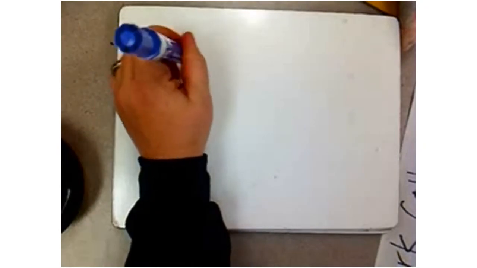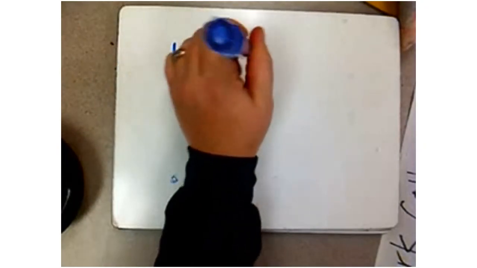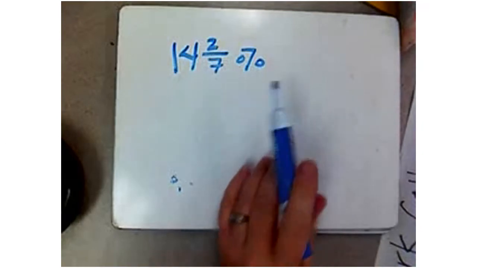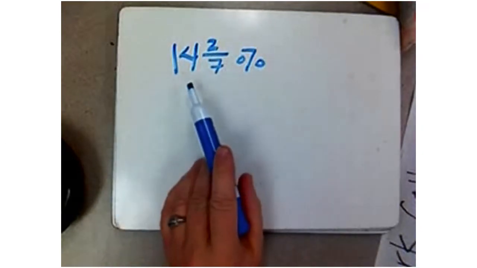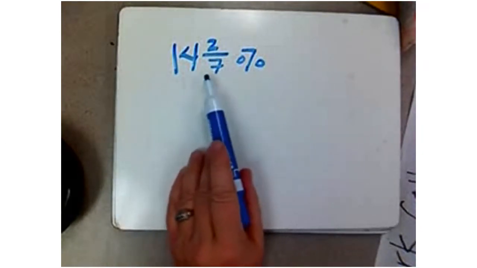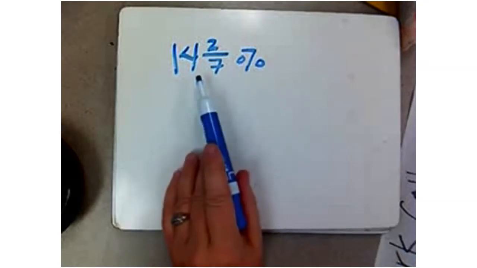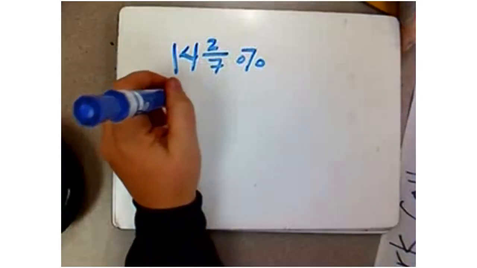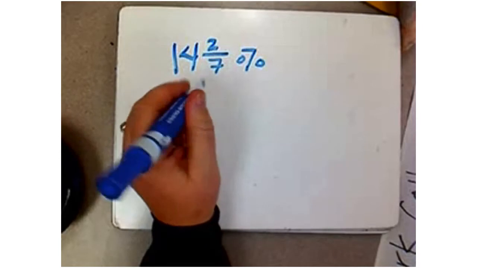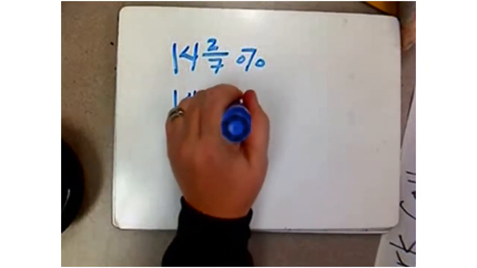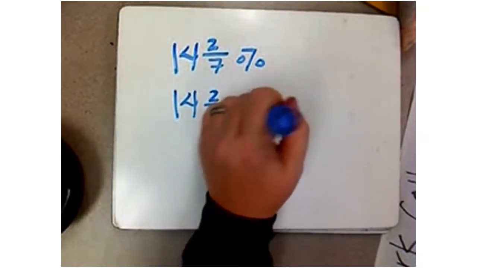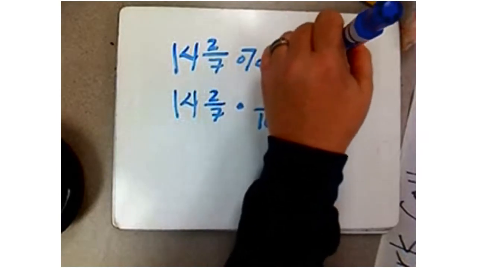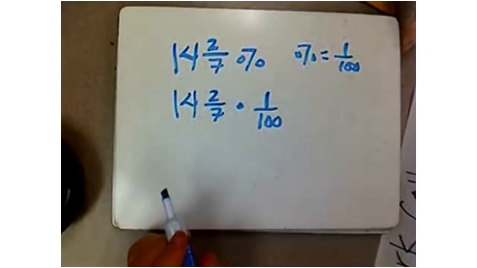Example 2, change 14 2/7% to a fraction. What they're saying here is change the percent to a fraction. This percent is in fractional form as a percent, but it's not completely a usable fraction until we get rid of the percent. So what this actually means is 14 2/7 times 1/100th, because that percent equals 1 over 100 as a fraction.